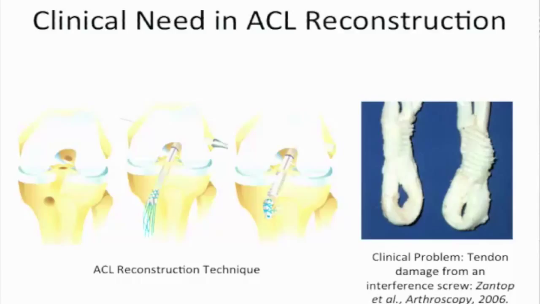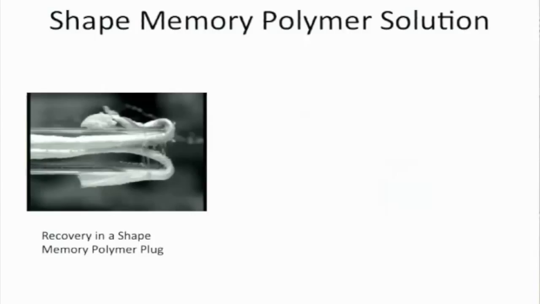So our concept was, well, we're working on these materials. They're called shape memory polymers. These materials can reconfigure their shape, so you program them into a temporary shape, you place them somewhere, and then you expand them or change their shape. So the idea was, could we use this to replace the screw? Instead of screwing a screw into this tunnel, which, if you're a mechanical engineer, a screw in a tunnel that's too small for it creates an interference fit, and these are not surprisingly called interference screws.